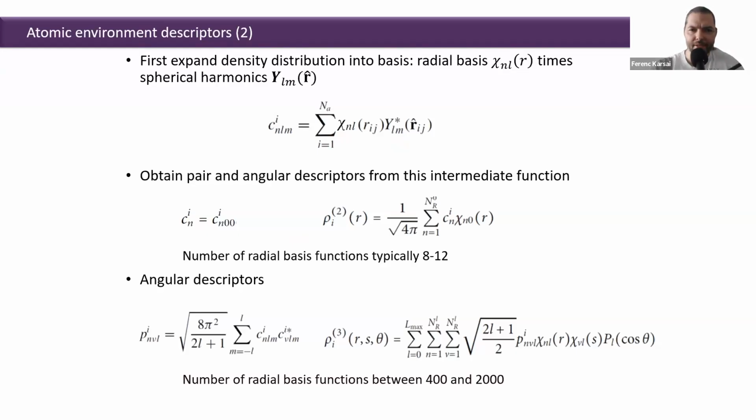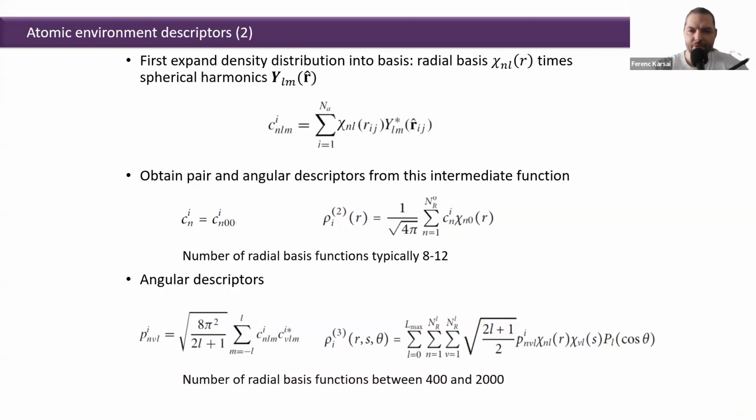For the radial basis in VASP, we use modified Bessel functions. So these auxiliary functions are the coefficients then of the pair, so here and here, three-body functions.